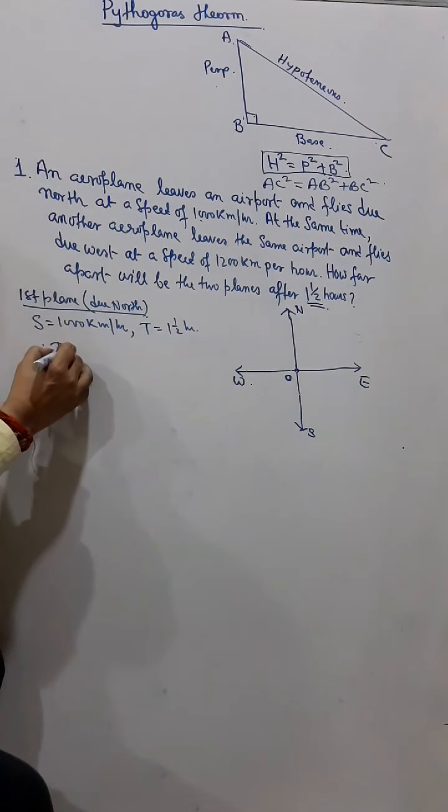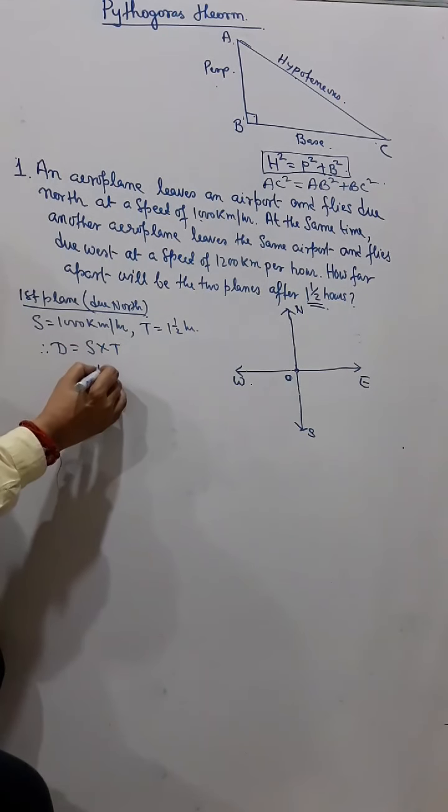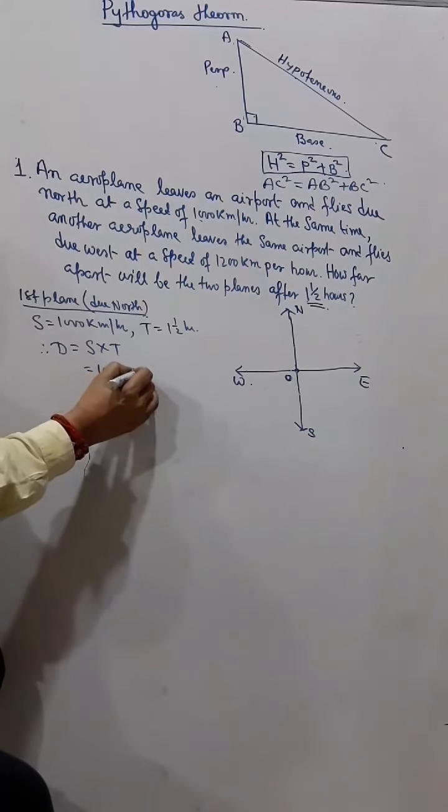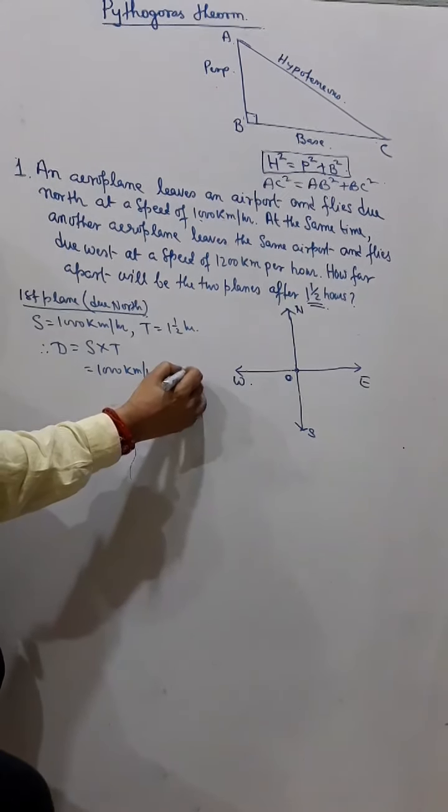We have to find distance. Distance will be speed into time, so that is 1000 km per hour into 3/2 hours.